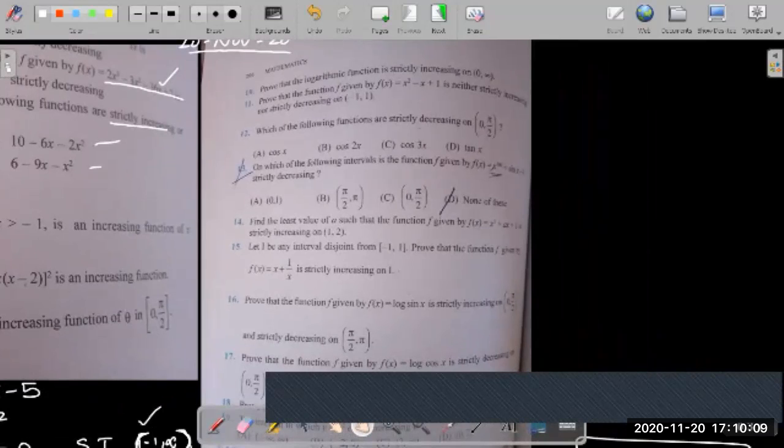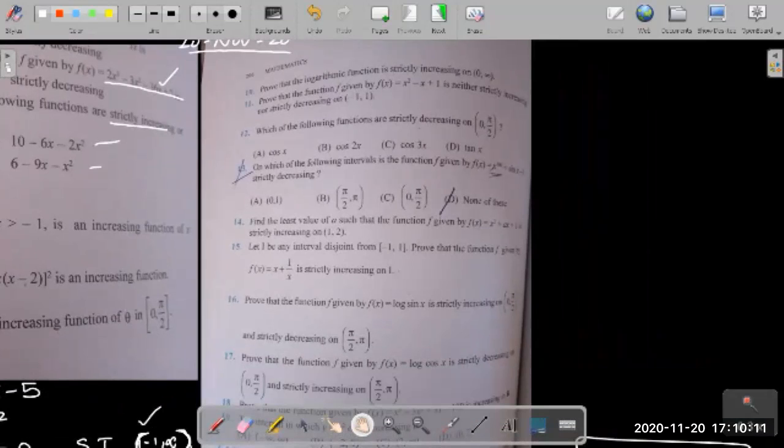So prove that the logarithmic function is strictly increasing on 0 to infinity. The 11th question: prove that the function f given by f of x is x squared minus x plus 1 is neither strictly increasing nor strictly decreasing on minus 1 to 1. Okay? So we need to be checking this.